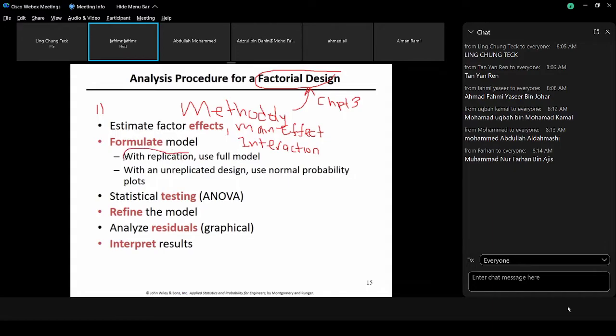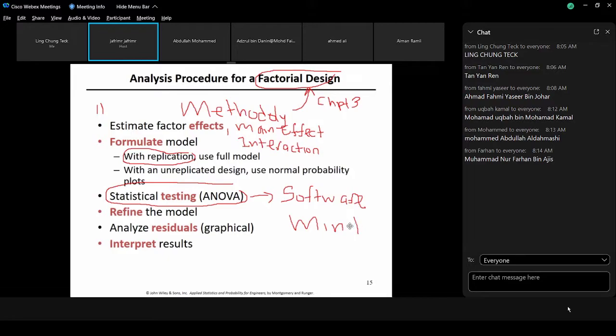For the laboratory, from now onwards, you need to replicate in your experiment. It's not enough to run just one single replicate. You must use replicates. Data analysis using ANOVA, and you must use the software. I mentioned many times, the software for our class is called Minitab.